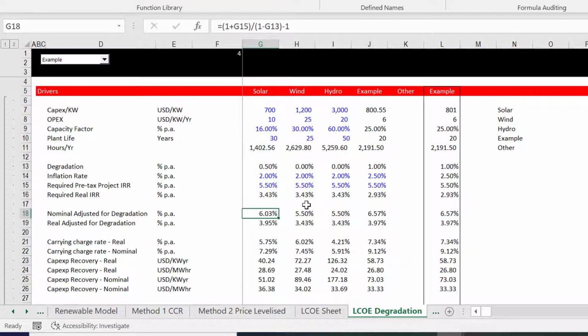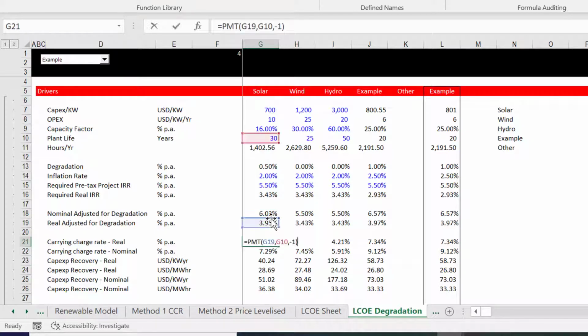And since I multiplied it by 1 minus the degradation rate, I put it on the bottom like an inflation. If I had taken the degradation rate, multiplied it and divided it later, when you take 1 plus the rate and then divide it, you would have put it on the top. And all you need to do is adjust the discount rates, just like we did for inflation, both real and nominal.